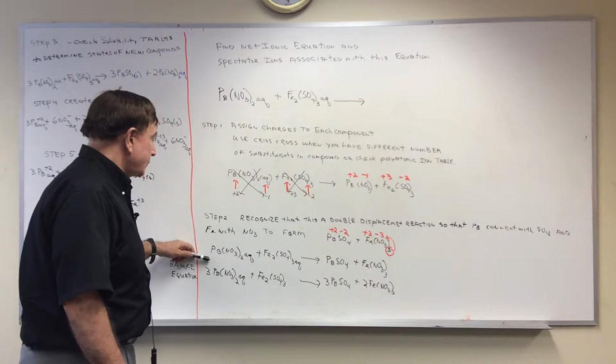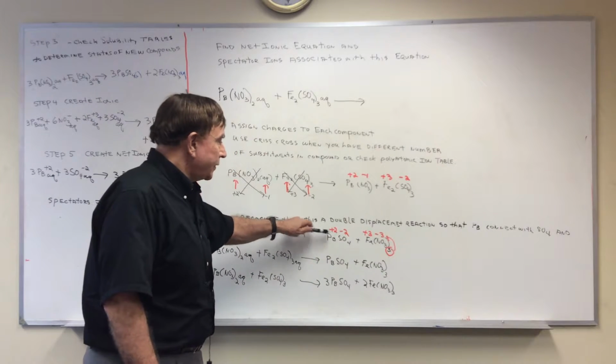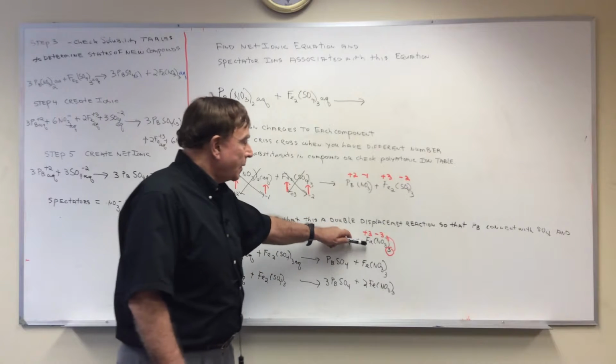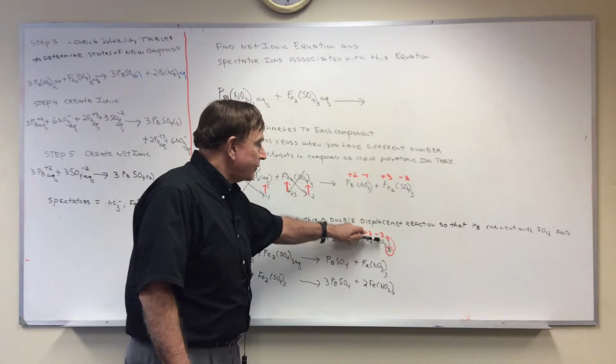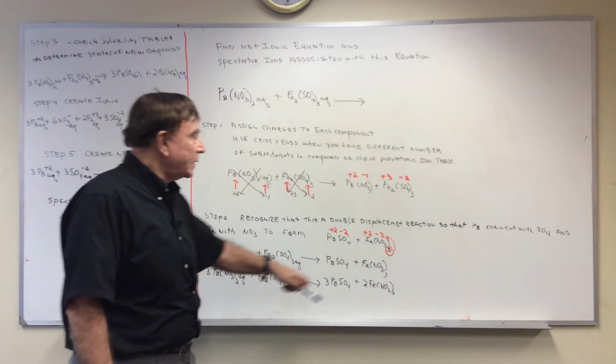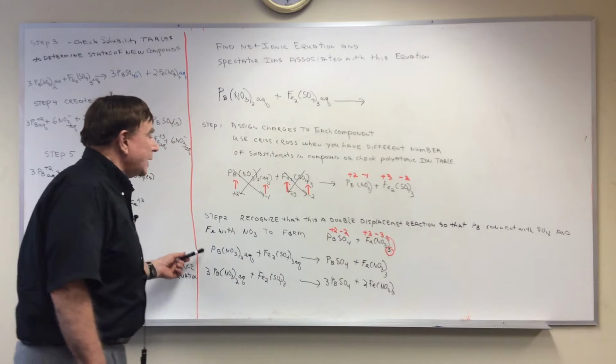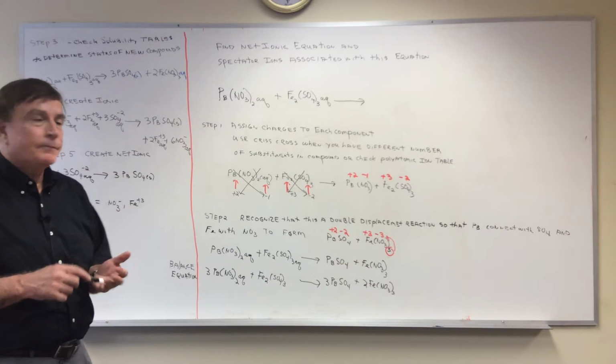So now we do this and we get lead sulfate. Why? +2, -2. We get iron, and this is going to be a 3 because iron is +3. NO3 from this is a -1, so we get Fe(NO3)3. Now we need to balance the equation.